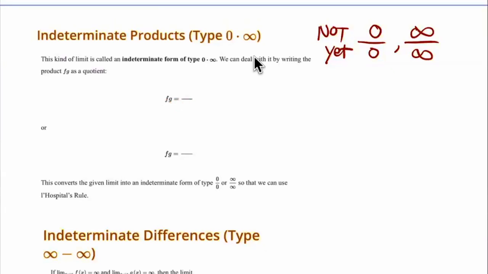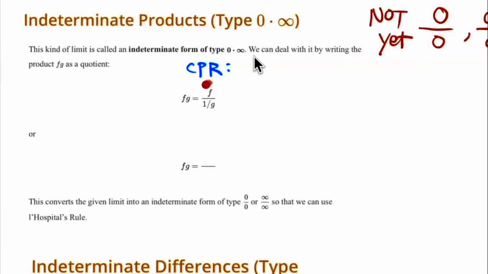Remember we talked about how we did some CPR, right? Do you remember what kind of CPR you did? You take the reciprocal of one? Yes, take the reciprocal of one, okay? So you're going to keep one of them in the numerator and then divide by the reciprocal of the other one.